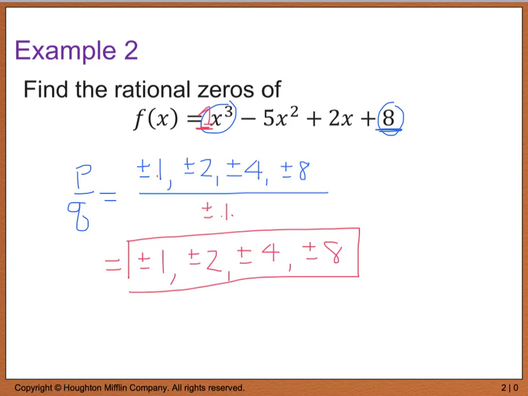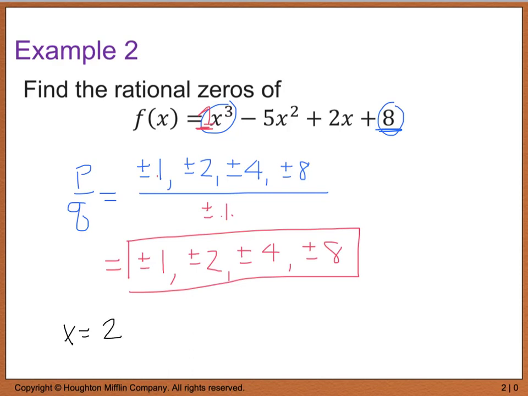Now, at this point, what I would probably do is grab my calculator and graph this function right here to identify at least one of your zeros. I don't mind that you do that, but I do want to see the work that is entailed to come up with the rest of your zeros. So when I graph this on my calculator, I see that one of my zeros is at x equals 2.